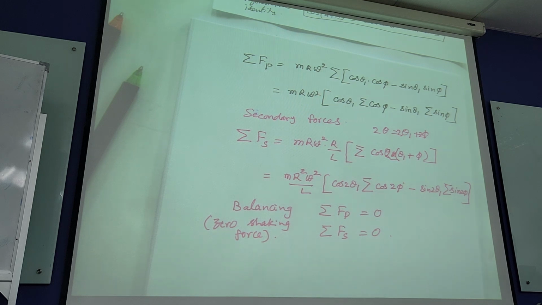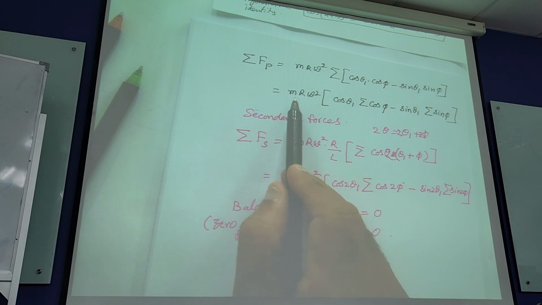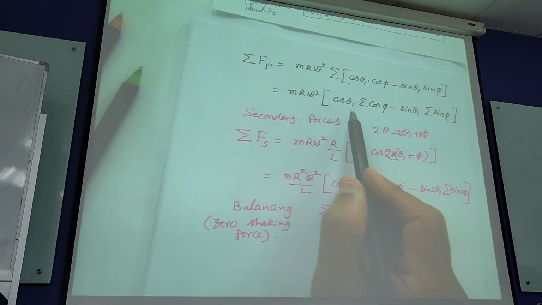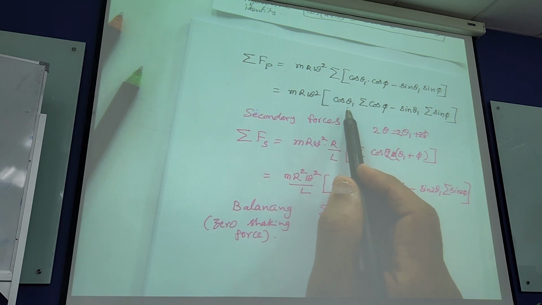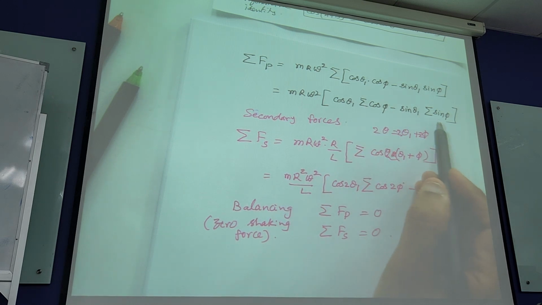Let us look at the first one, the sum of the primary forces. M r omega square are just constants. Theta 1 is also constant, so cos theta 1 is just a number. So you have to make the sum of cosine phi 0, and the sum of sine phi 0.